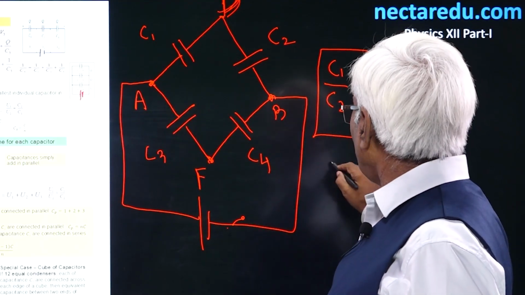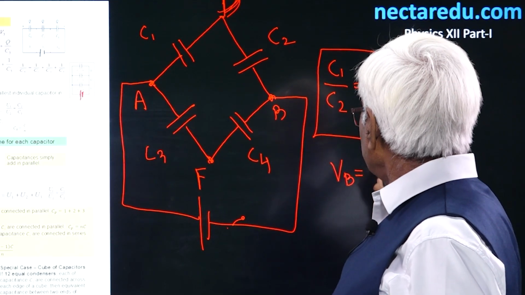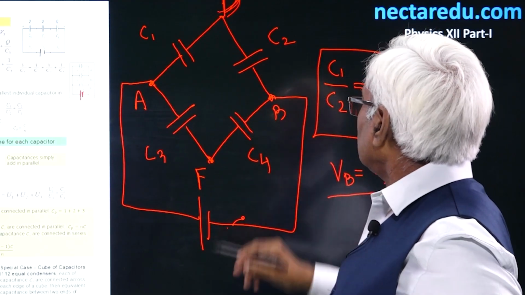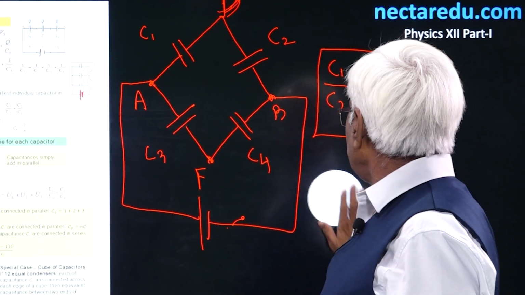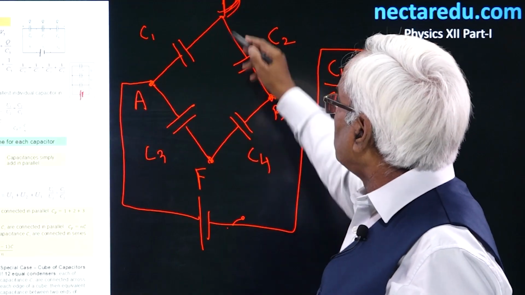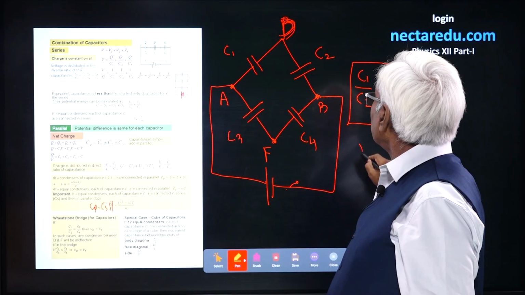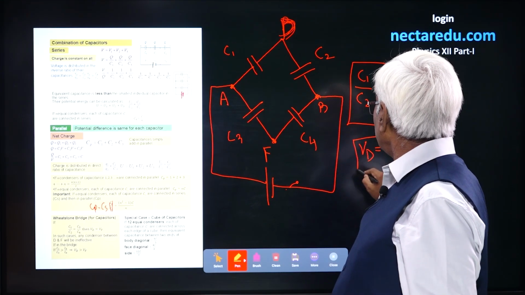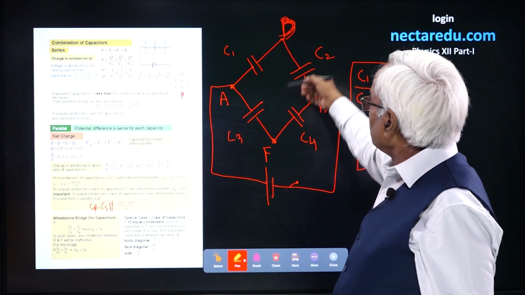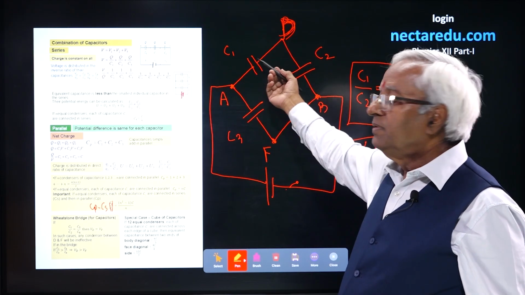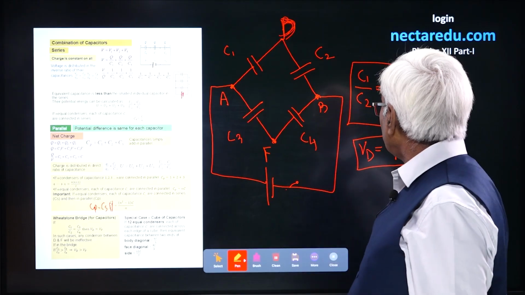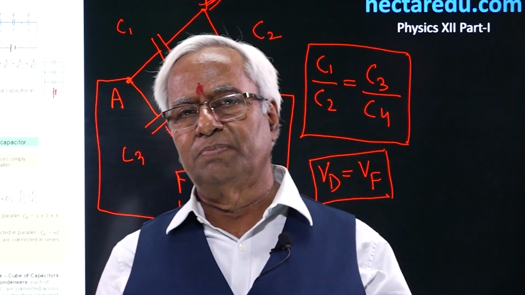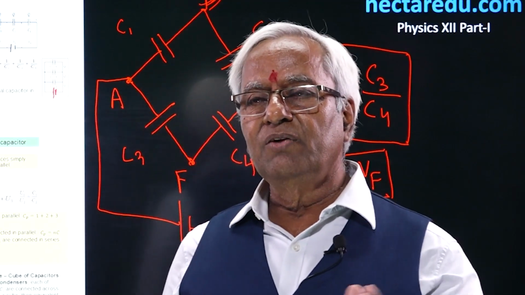In this condition, obviously you have one particular result: these two points, D and F, will have no potential difference. VD is going to be VF, the potential of both the ends of a diagonal. They're going to be at the same potential, no potential difference. And in electricity, the entire affair is that of current flow.